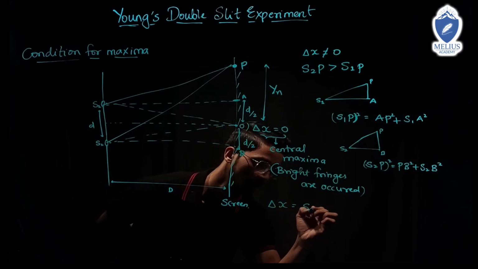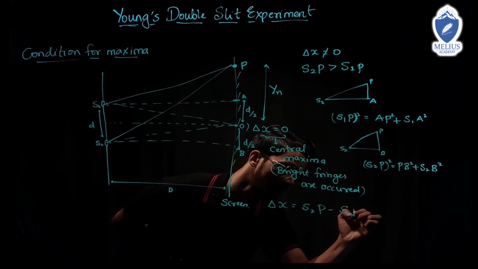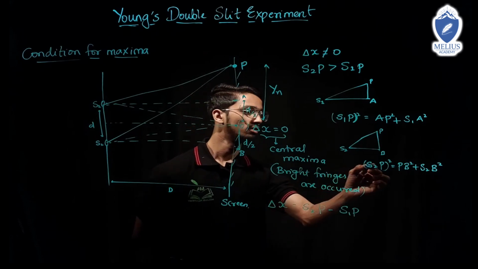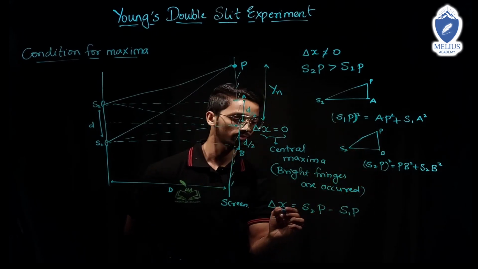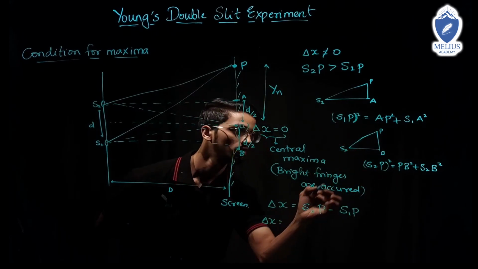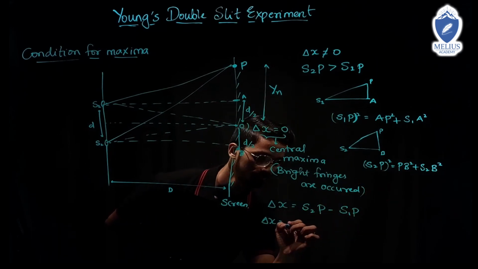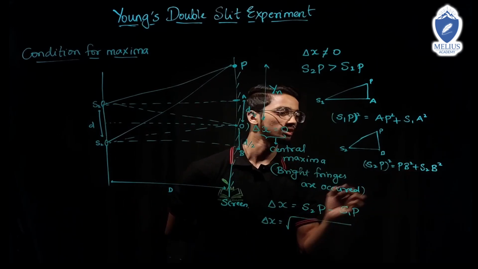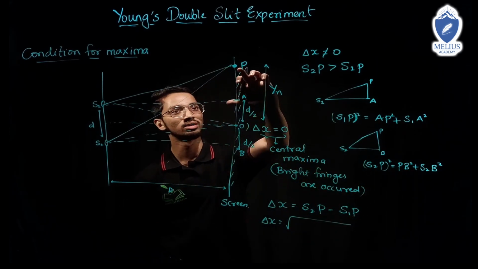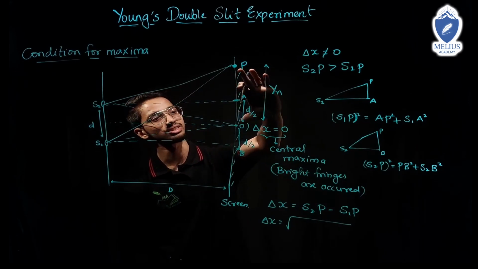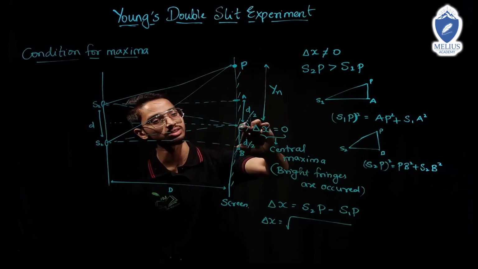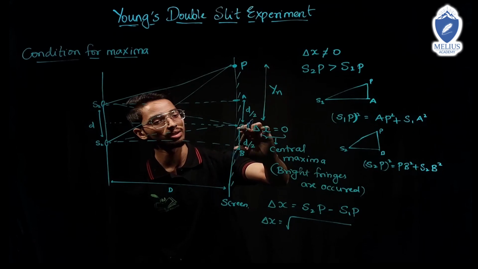What is the path difference here? S2P minus S1P. Delta x will be equal to S2P, which is root of PB square plus S2B square. What is PB? This distance is yn and this distance is d by 2, so PB is yn plus d by 2.